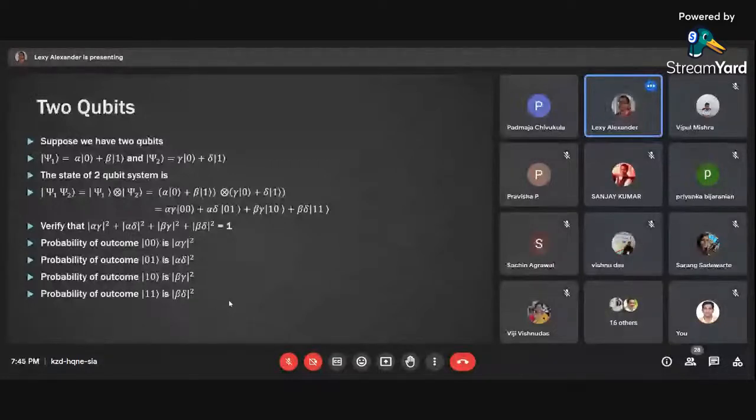The probability of measuring ket 0 1 as the output is mod alpha delta square. Now the first qubit can be 1 and the second qubit can be 0.